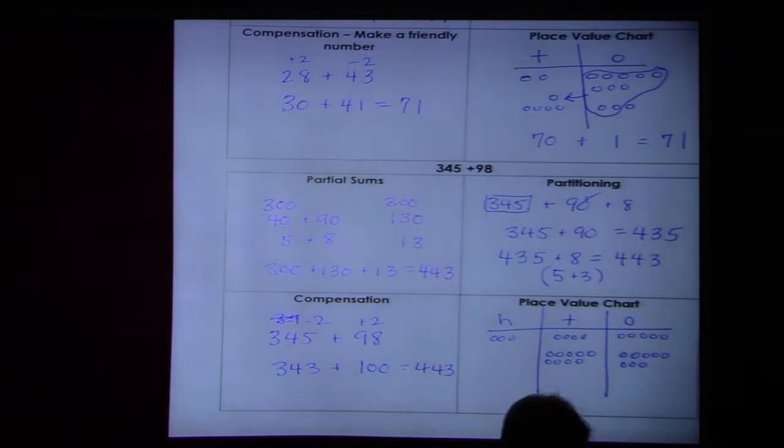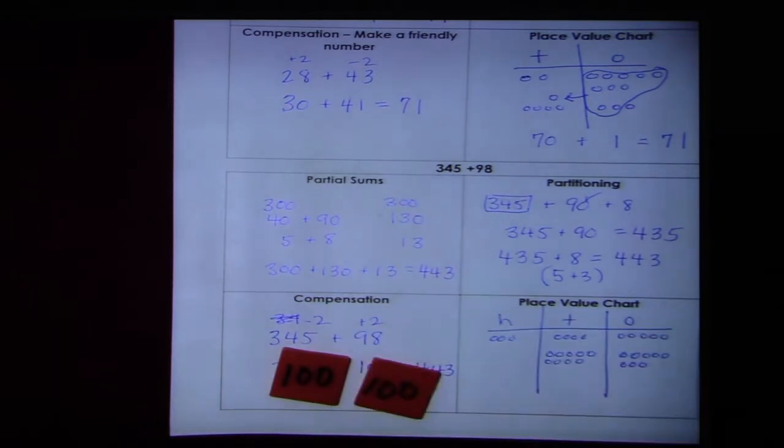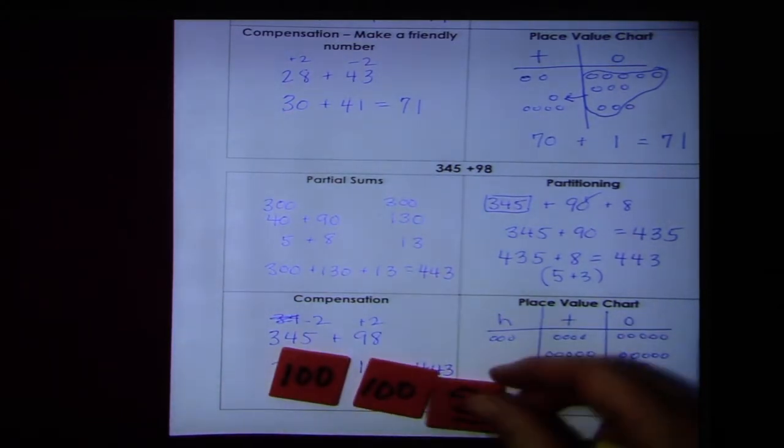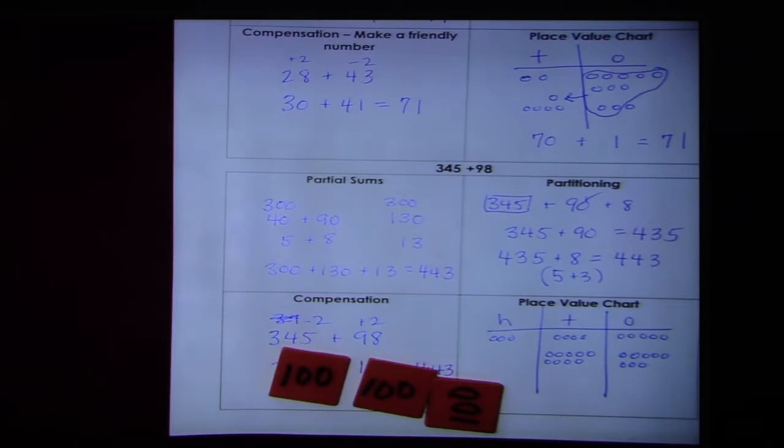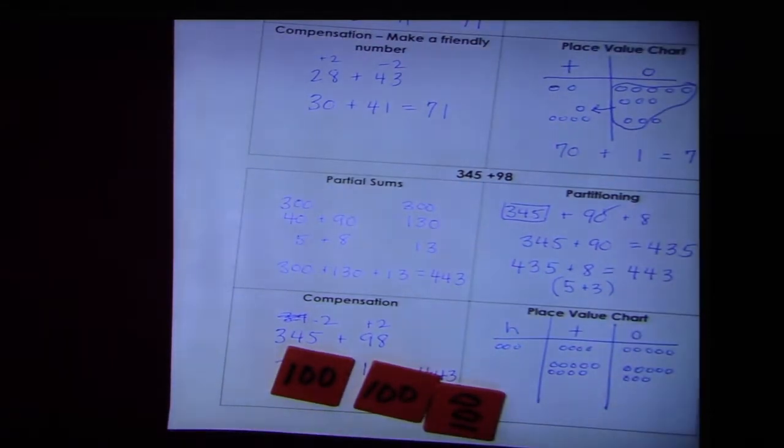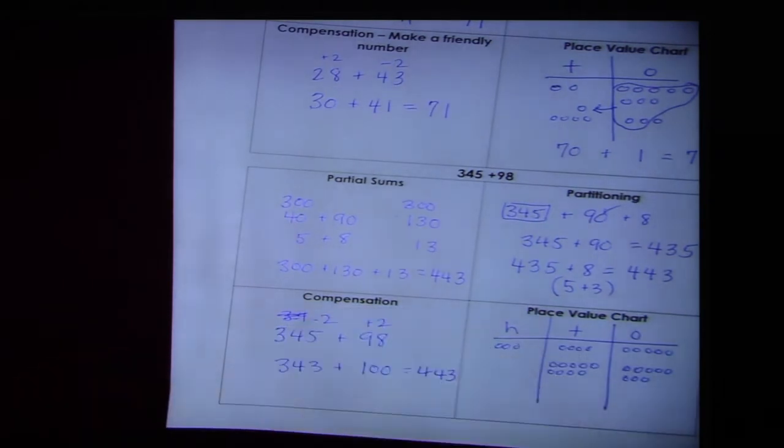We would have built this and made them, it would have been 3 100s, and then no more hundreds, and then 4 10s. We would have done this with manipulatives first. I'm sorry to say, this is too much important stuff. So we go from building it and then drawing it at the same time, and then slowly we don't need to build it anymore.